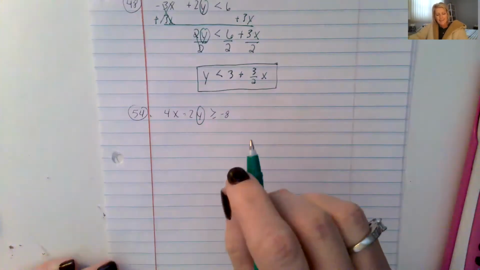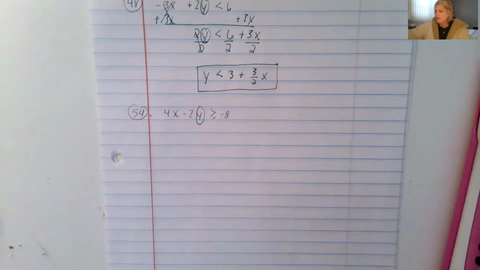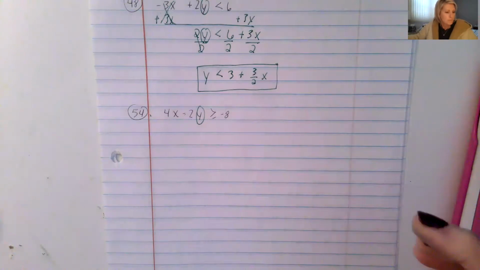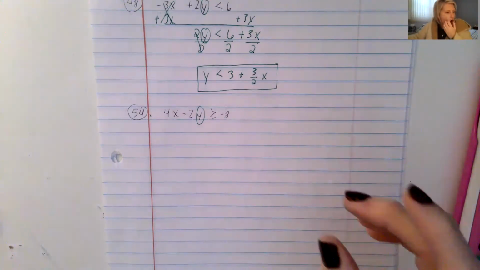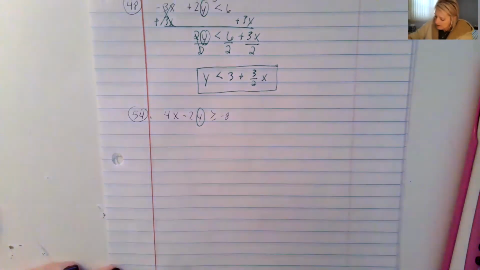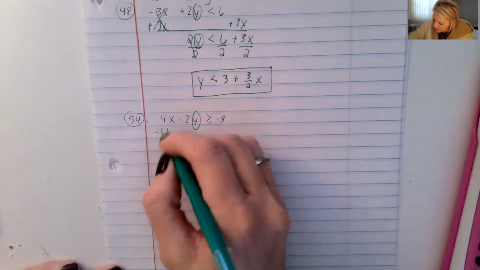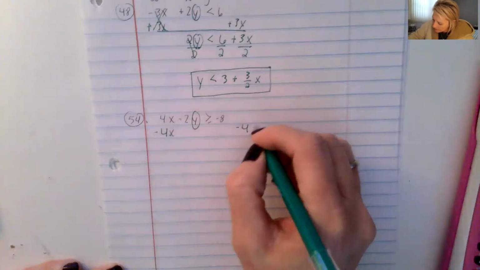And the last problem, go ahead and write that down. Solve for y. So we're going to move this 4x to the other side is the first thing we're going to do.